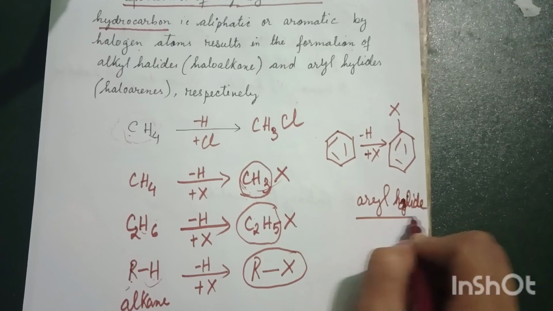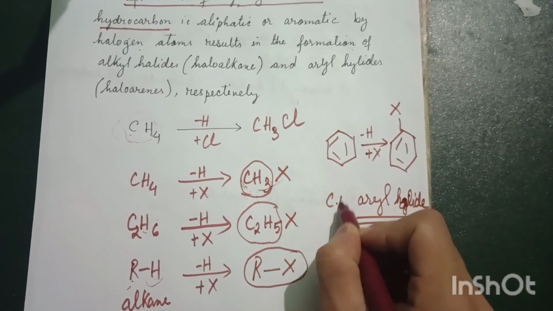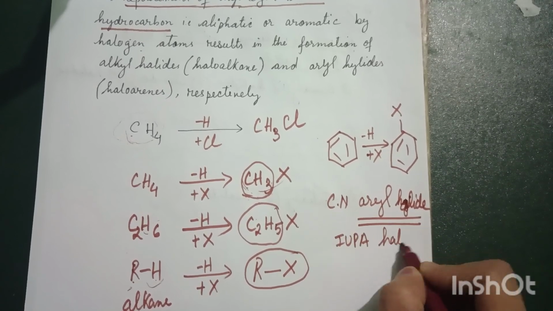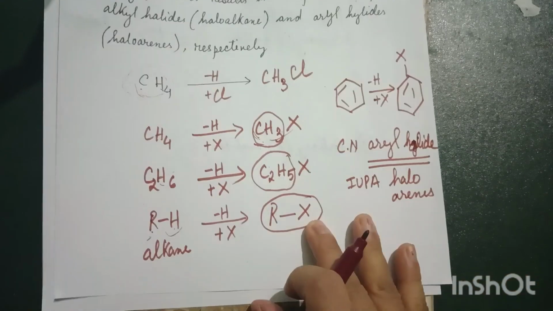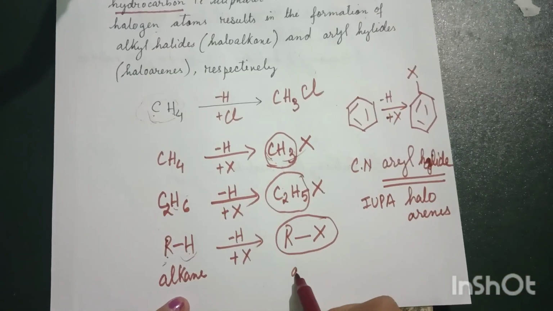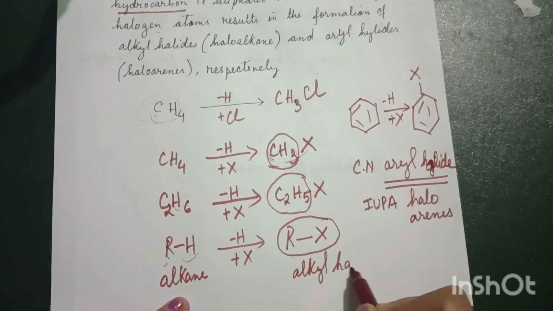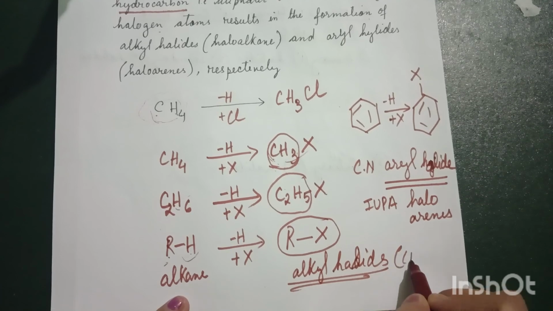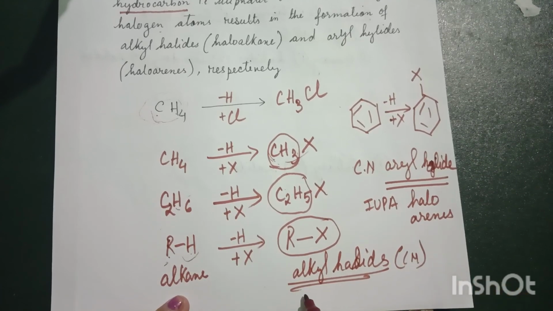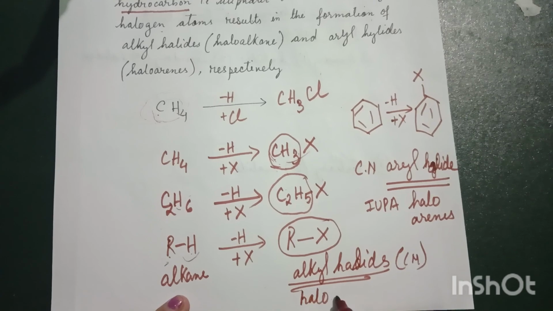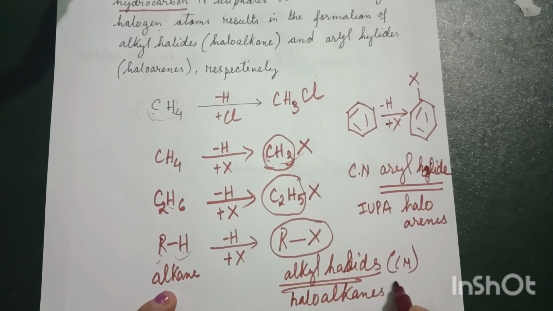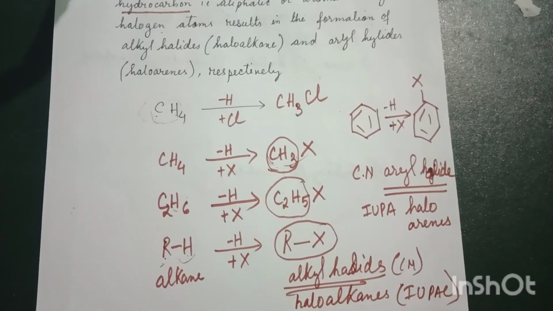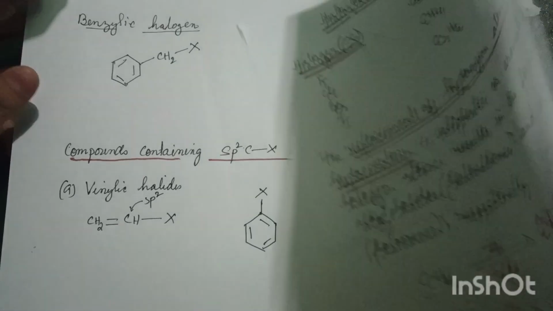Aryl halides in terms of common name, and in terms of IUPAC name, haloarenes. In the same way here, in terms of common name, these are alkyl halides, and in terms of IUPAC name, haloalkanes. This is according to IUPAC naming. Okay, let us go to the next one.